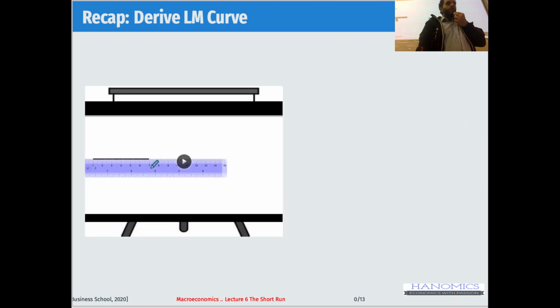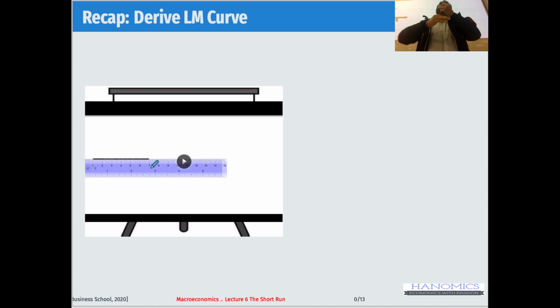The way we derive the LM curve is you have an initial equilibrium point in the money market, which is the point where the demand for money curve, which is a downward sloping curve, intersects with a vertical line, which is the money supply, which we assume is given by the central bank. So it's exogenous to this model.